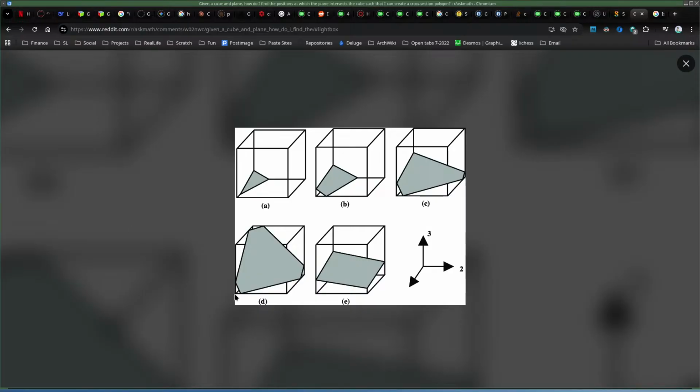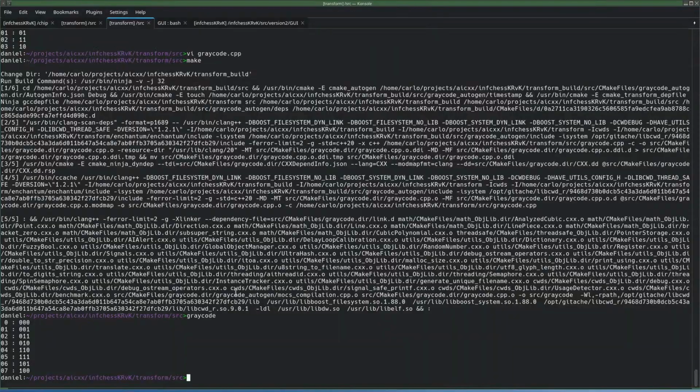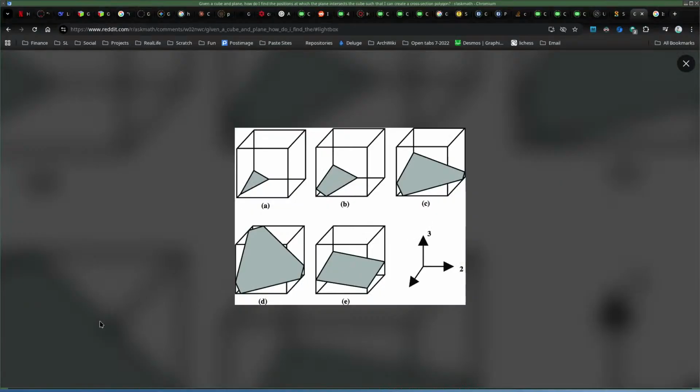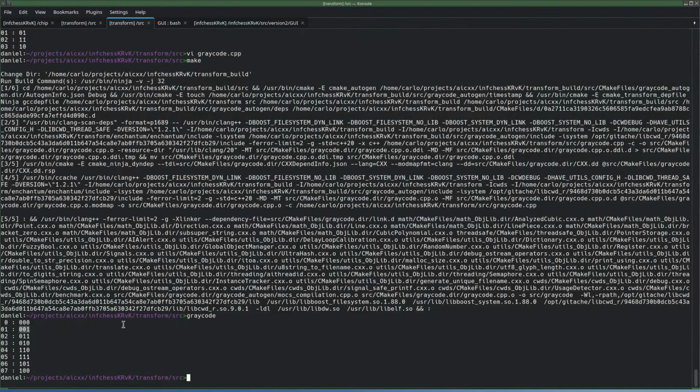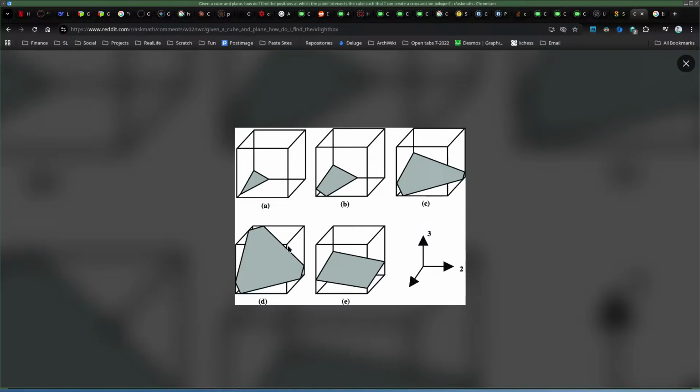So we go from 0,0,0 to 0,0,1. That's there. So we find this intersection. Then we go to 0,1,1. That is the y-axis, so we go up, which means we find nothing.